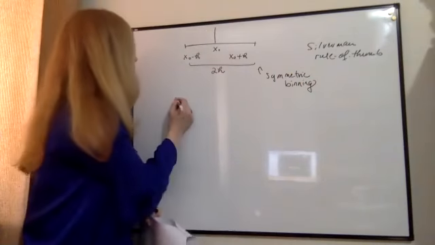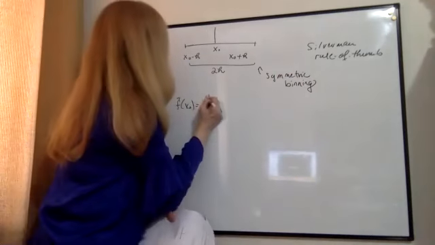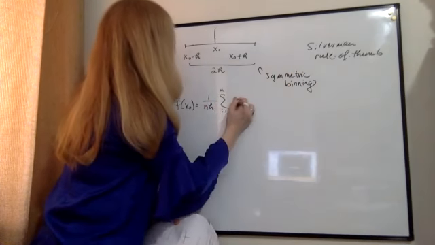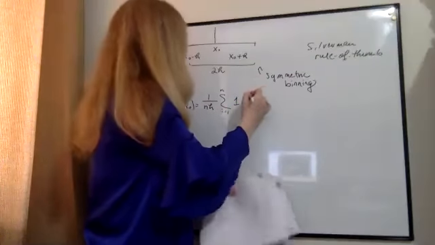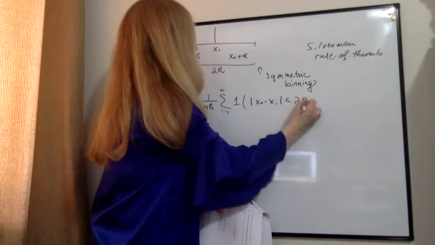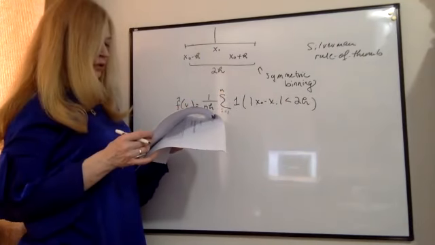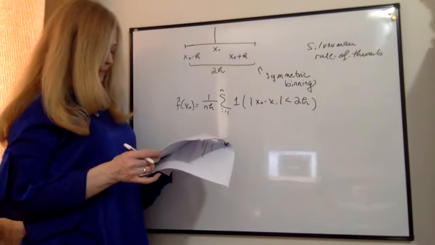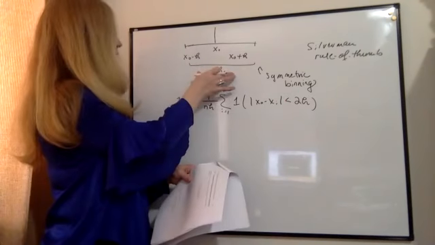So we can write the equation for f hat of x naught as 1 over nh, and this could be an indicator for x naught minus xi less than 2h. Is it less than 2h? Yeah, so the width here is 2h.